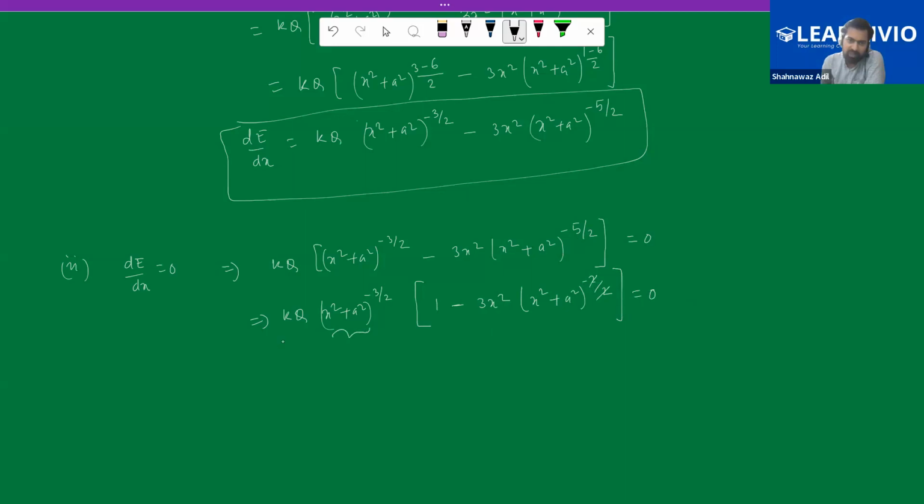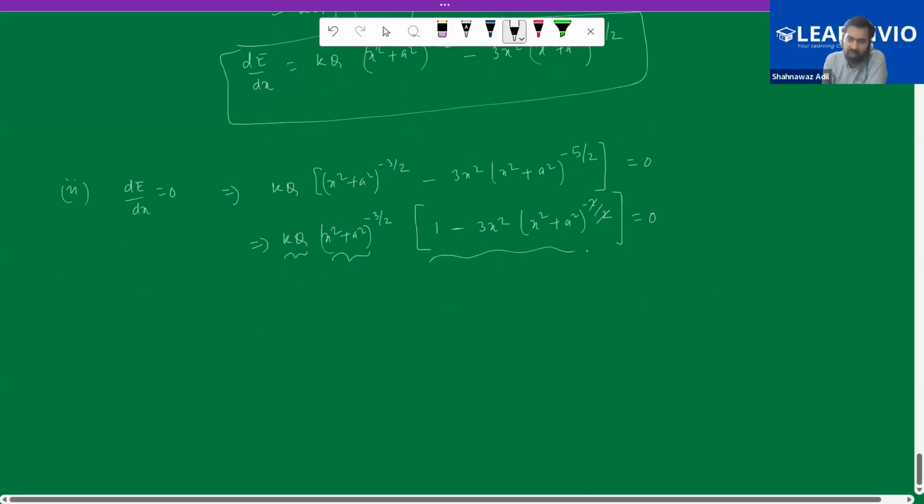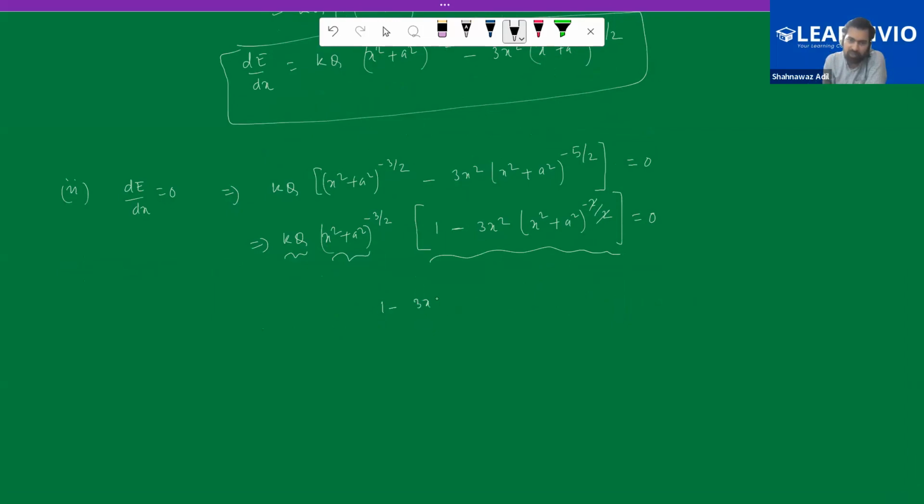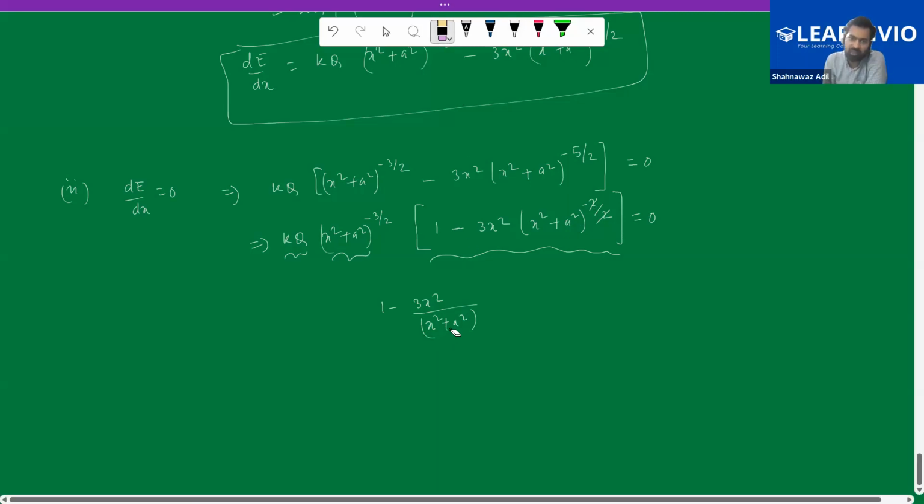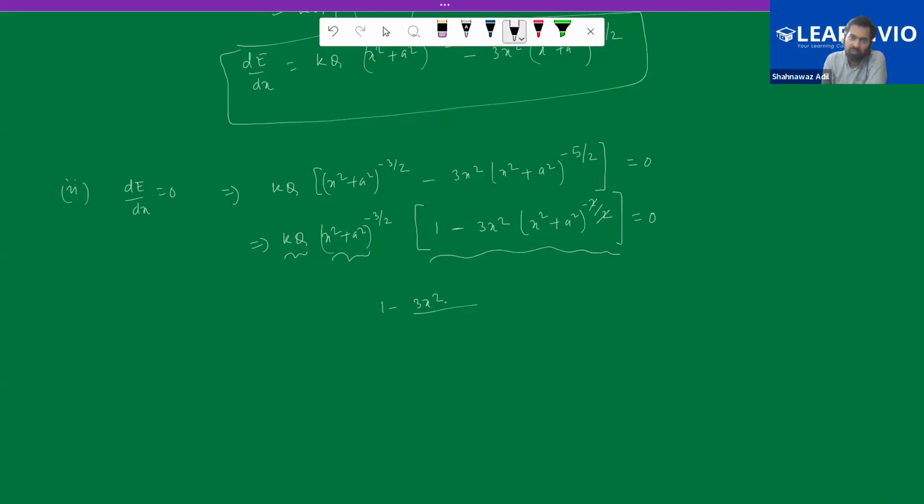So this part is 0, this part is 0, and all of these parts are 0, right? So let's take this part equal to 0. So we have (1 minus 3x²) divided by (x² + a²), right? Because this is minus 1. Let me write this one here. So this is (x² + a²) minus 1, and this is equal to 0 because this is 0, this is 0, and this one is 0. The whole thing is 0, right?